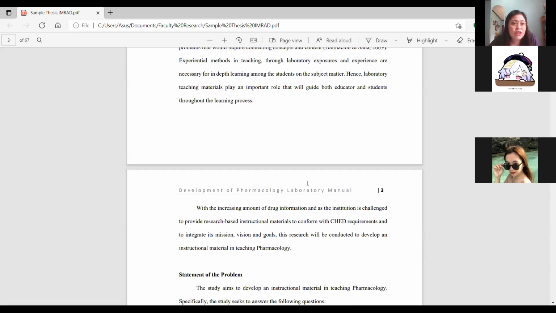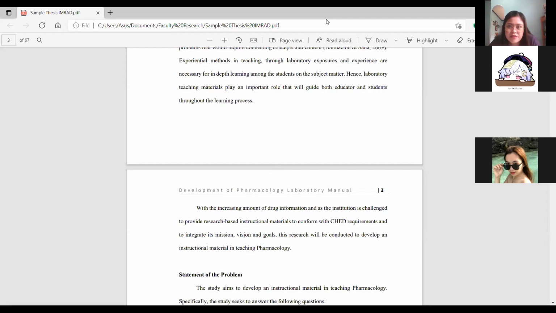When you say mixed method, both quanti and quali. Kaya medyo mahaba ang aking introduction. But for you, since you have one research design only or research method, then ang pinakataas na introduction is 1.5 page. Okay? 1.5 page lang na siya.